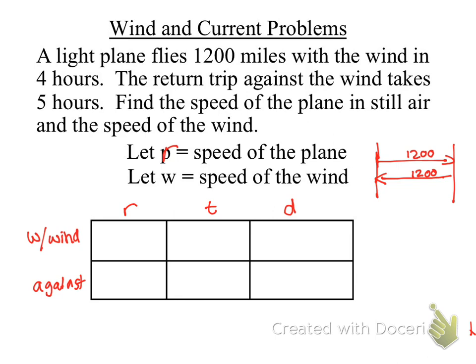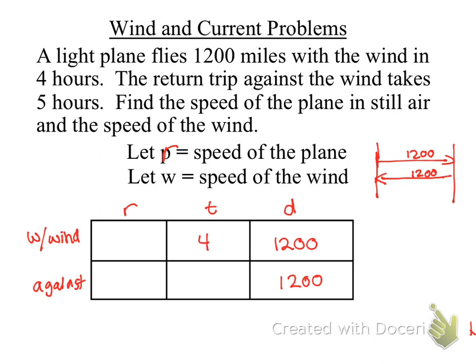All right. What do we know? What can I place right away without thinking? Distance is 1,200. Not together, but each one is traveling 1,200. Okay, where do I put the 4? Time. That is 4. Good.